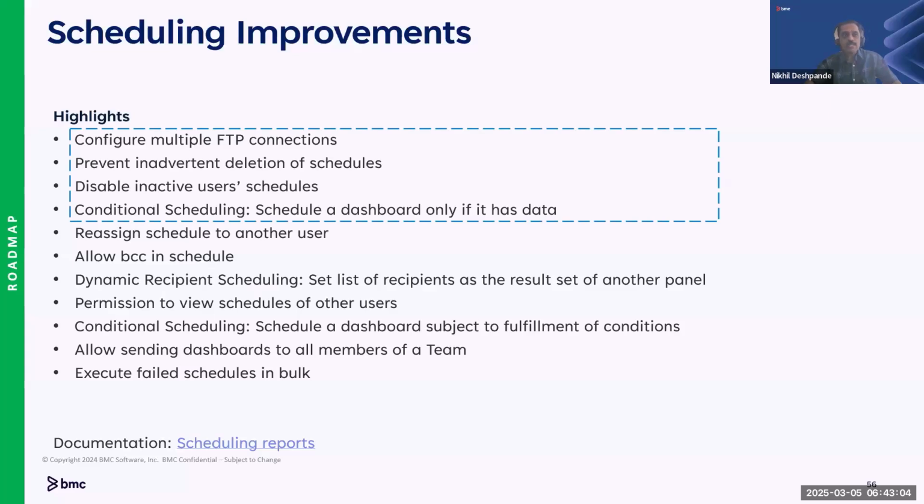Dynamic recipient scheduling is about giving you an option to have an alternative to static recipients. In static recipients, which we also offer today, you need to specify which users will receive that dashboard. In dynamic recipient scheduling, that list is determined from another dashboard. So you run that dashboard, and in one panel of that dashboard, you have all the email addresses of the users.